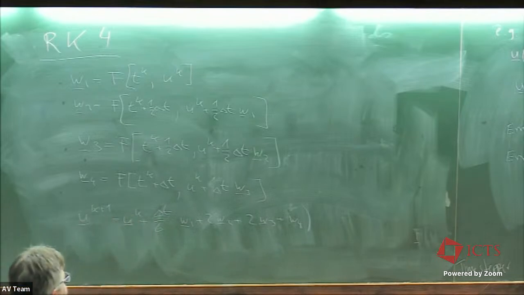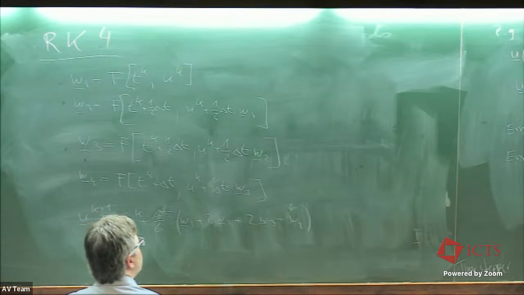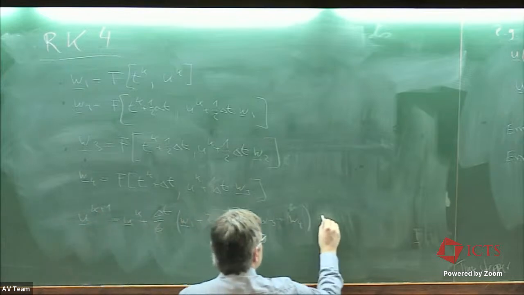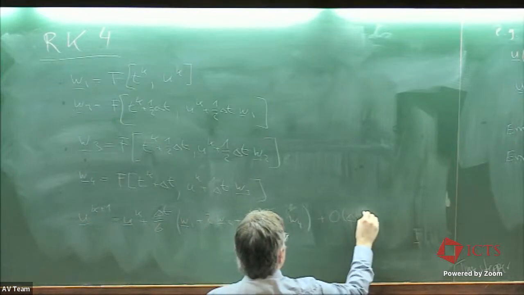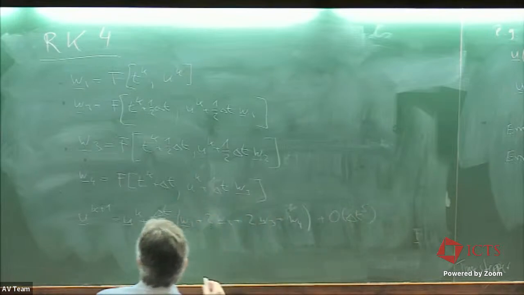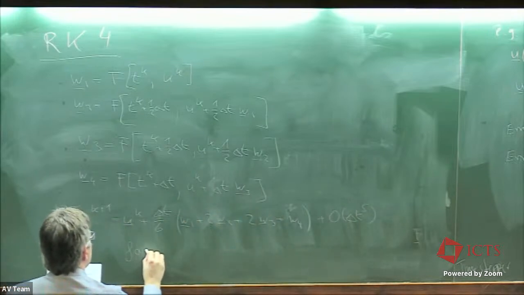Here we go. And I'm missing at least 1 parenthesis. And this thing has an error term of delta t to the 5th. So this one is 4th order.